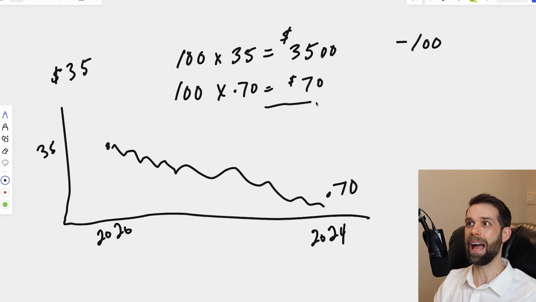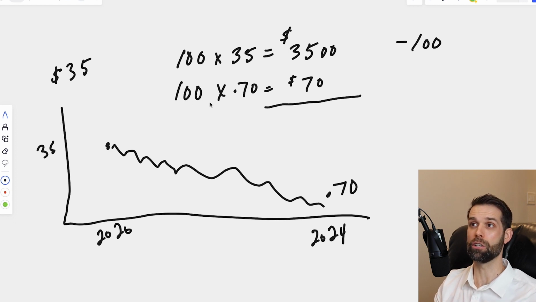So in terms of how much profit we make, basically it's our initial sale. When we shorted the stock right away, we borrowed the 100 shares and we sold them at the market for the market value of $3,500. And now 3.5 years later, we want to get rid of our negative balance. We want to close our short position.